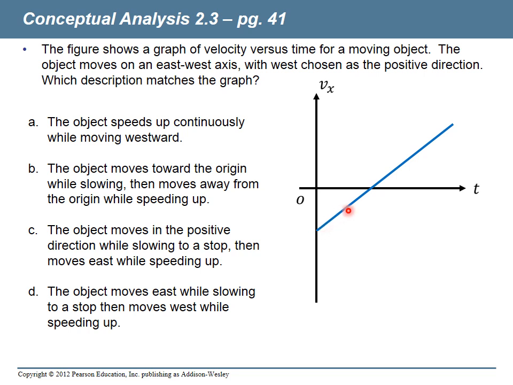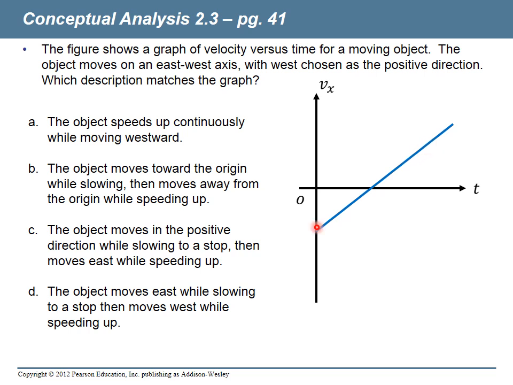Then the magnitude of the eastward velocity decreases. It's going less east because it's less negative, until it finally reaches 0, so it's not moving at all. Then its velocity becomes positive, westward, and it becomes higher and higher in the westward direction.